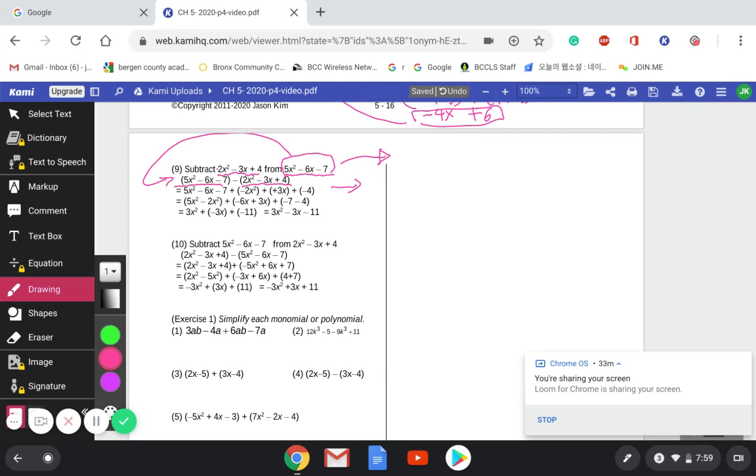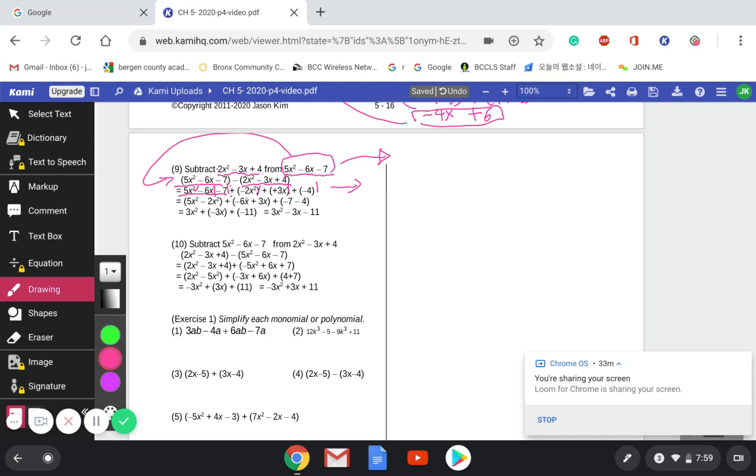Because you have a minus, you have to do keep, change. First one do not change. Minus becomes plus. 2x squared becomes negative 2x squared. Plus negative 3x becomes positive 3x. Minus 4 becomes plus negative 4. And then you combine the like terms, 5x squared with negative 2x squared, negative 6x with 3x, and negative 7 with negative 4.